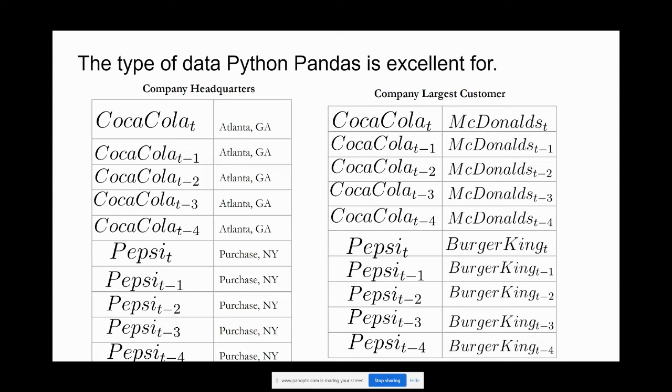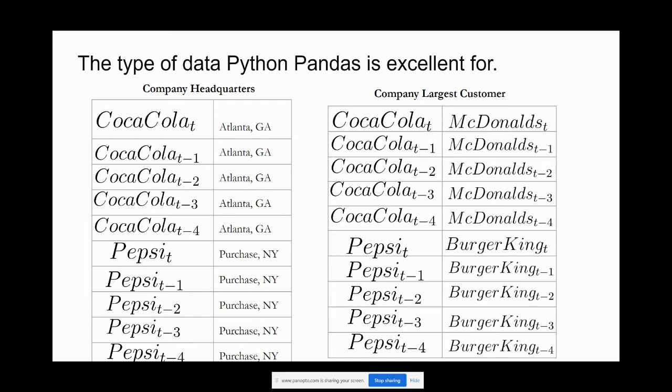We then have a second table, let's say company largest customer. So let's say in each period for Coca-Cola, their largest customer is McDonald's. And let's say for each period, Pepsi's largest customer is Burger King. So we've got this table, which is like an Excel spreadsheet of the companies' largest customers. This would be a second data set in Python pandas. And then we could have many more tables about Coca-Cola.